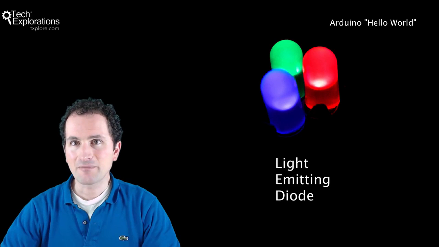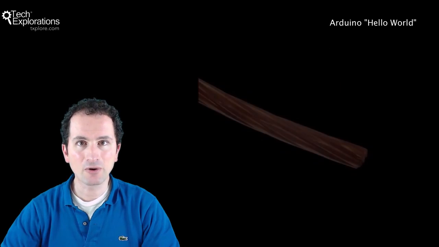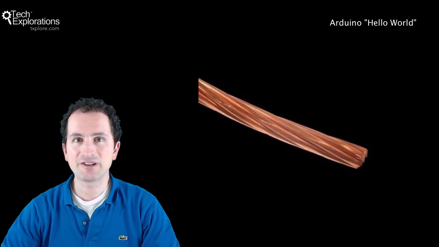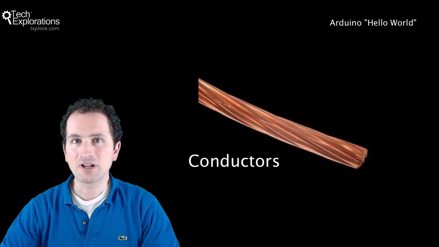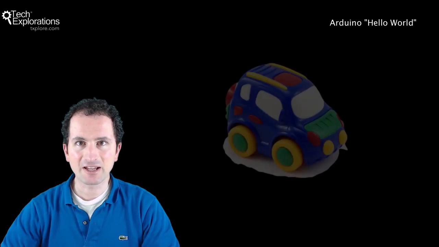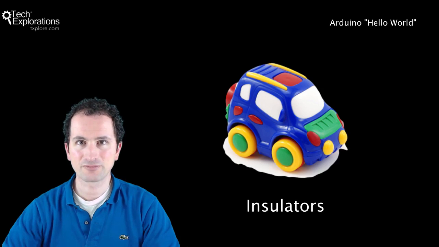A semiconductor is an amazing material. You may know that a material like copper or gold allows electricity to pass through them easily. These are known as conductors. Other materials like glass and plastic block electricity from passing through them, and these are known as insulators.